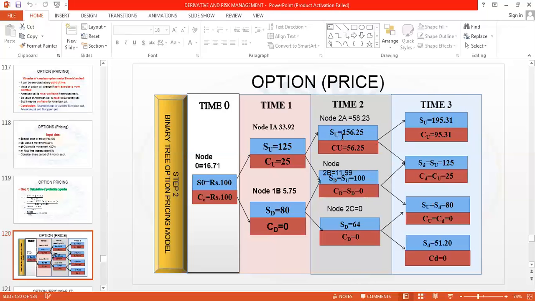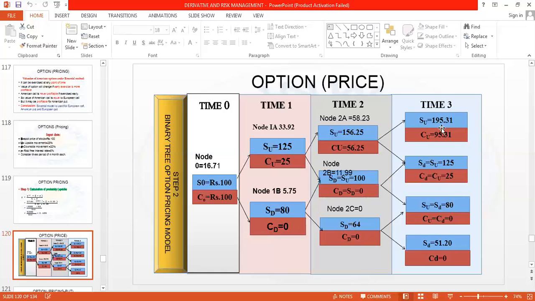For downside, it is 156.25 into 0.8 is equal to 125. And this 100 with 25% upside will be 100 into 1.25 is equal to 125. Downside, 100 into 0.8 is equal to 80. And this 64 with upside movement will be 64 into 1.25 is equal to 80, and in downside movement 51.20.